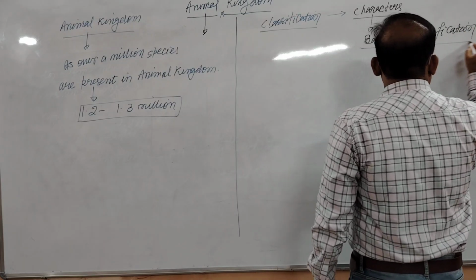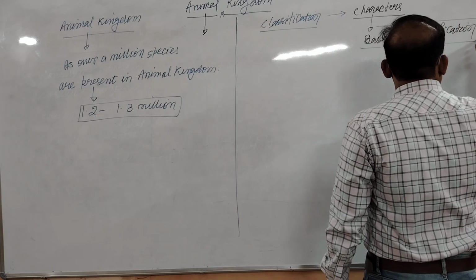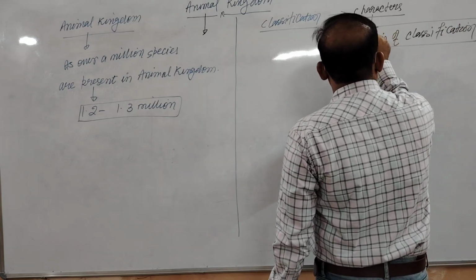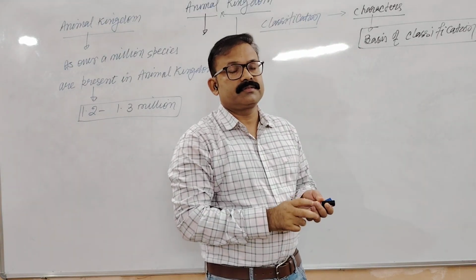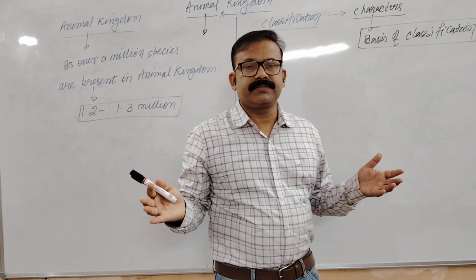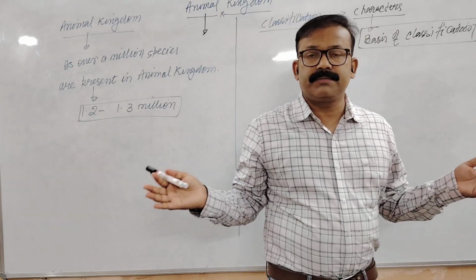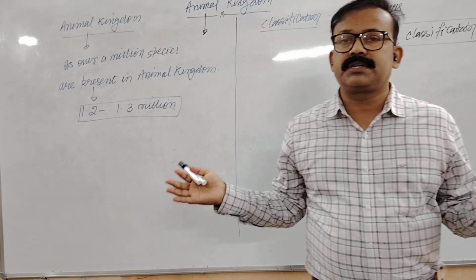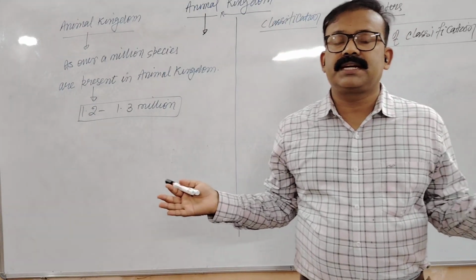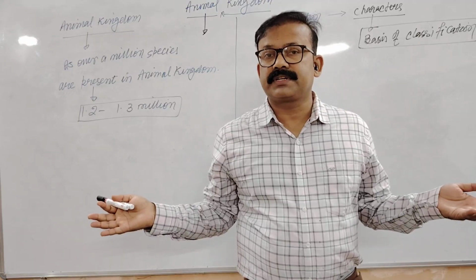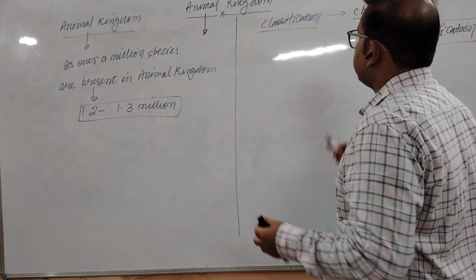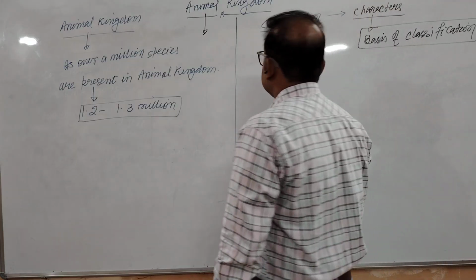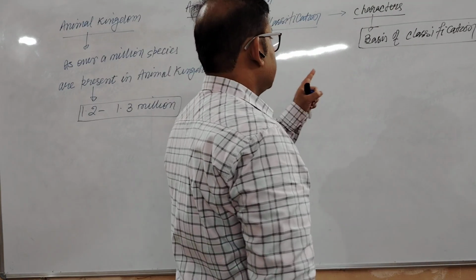After classifying the animals, we can assign them a particular place in the system of classification. If you do not classify a newly discovered animal, you cannot assign it a particular place in the system of classification. So, we classify the living organisms on the basis of certain characters.